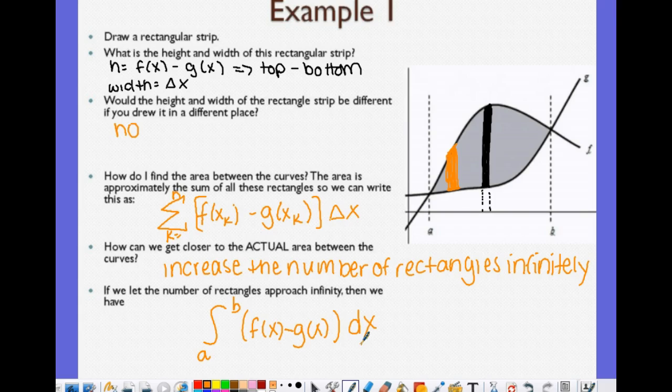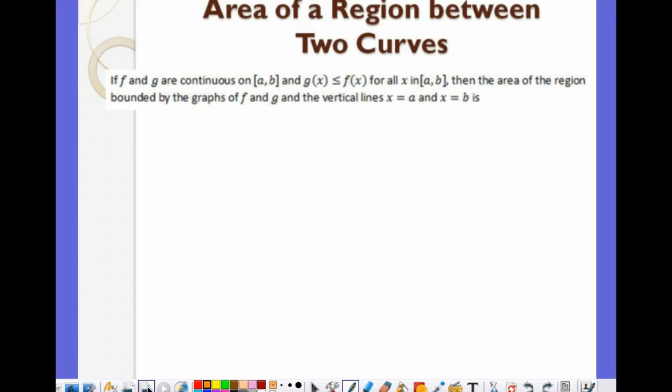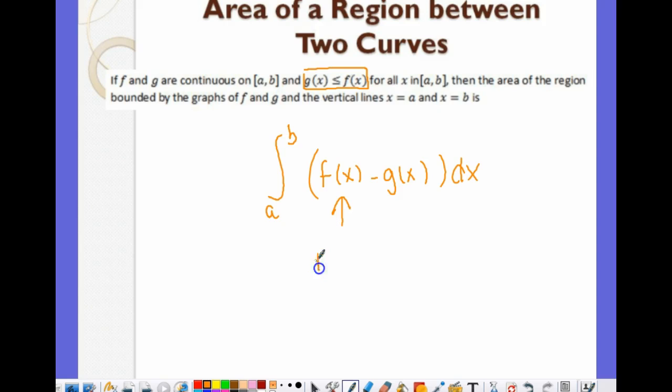So in general, we can say that the area of a region between two curves, if f and g are continuous on a to b and g of x is always less than f of x, and this statement is quite important, for all x values in a to b, then the area of the region bounded by the graphs of f and g and the vertical lines x equals a and x equals b will be given by the integral from a to b of f of x minus g of x dx, where f of x is the top and g of x is the bottom.